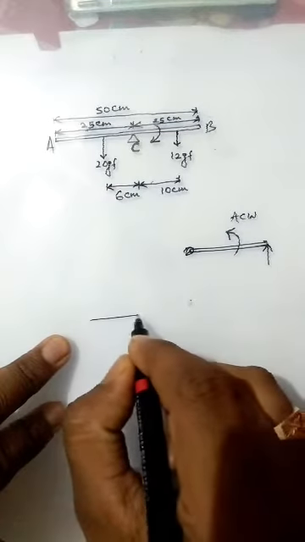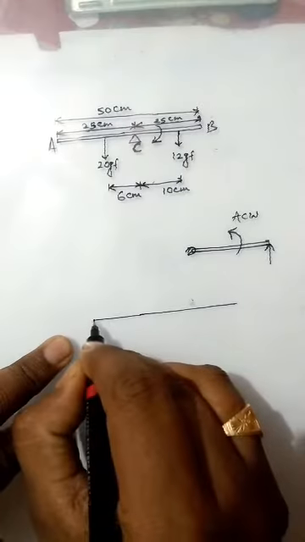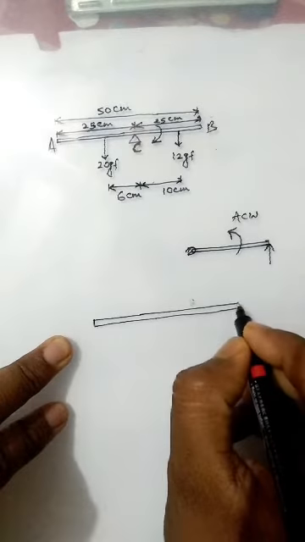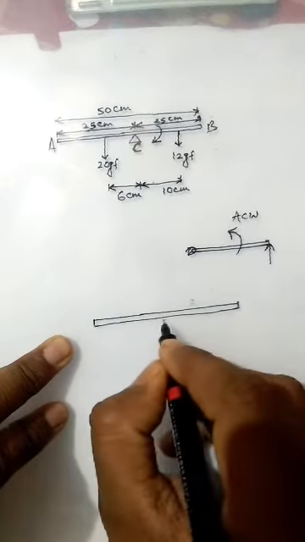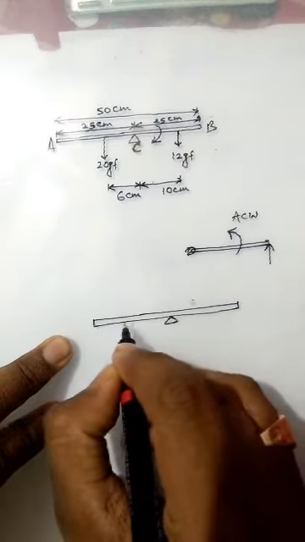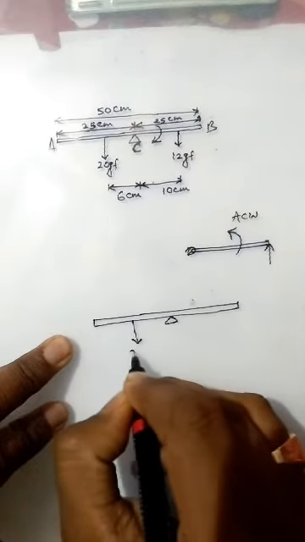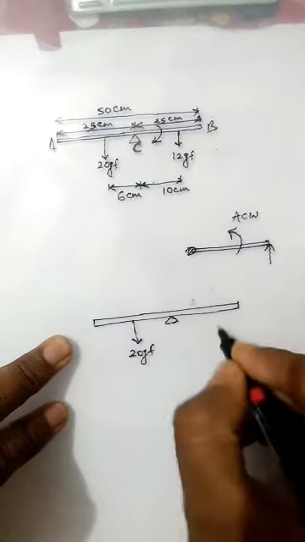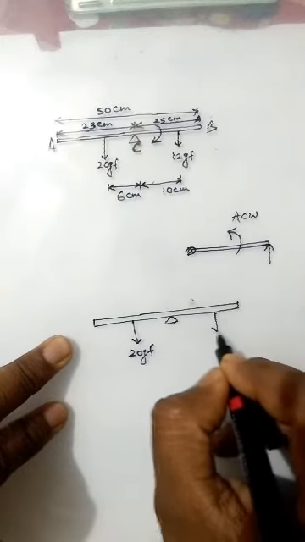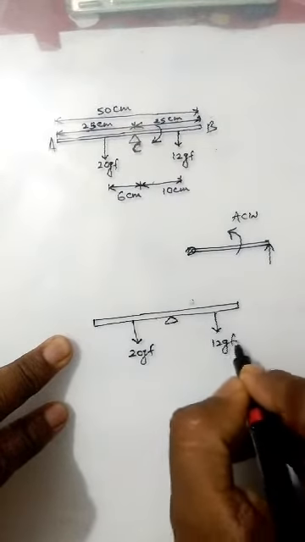If we make another diagram to understand the direction of force, this is the pivoted end, this is the 20 GF force, and this is the 12 GF force.